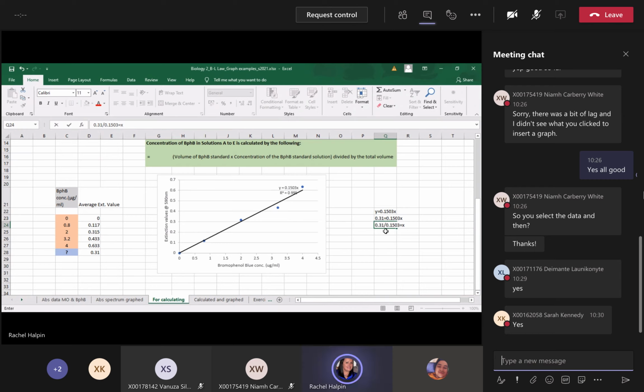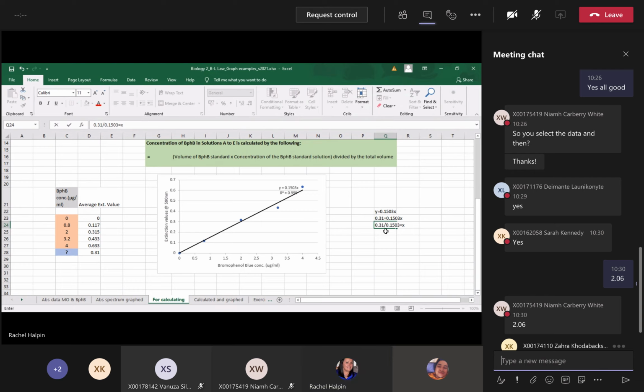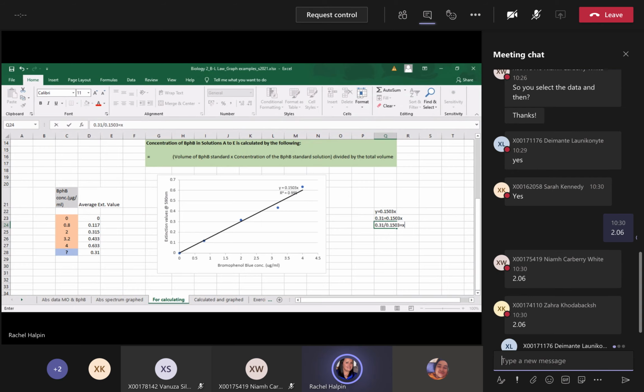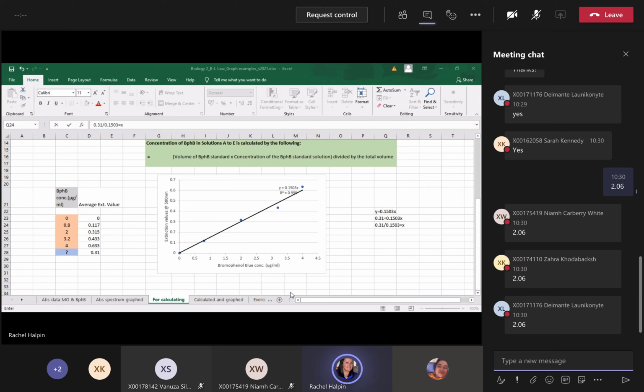So what answer did you get for the bromophenol blue concentration? Yeah, perfect, guys. That's how you do it. So 2.06.